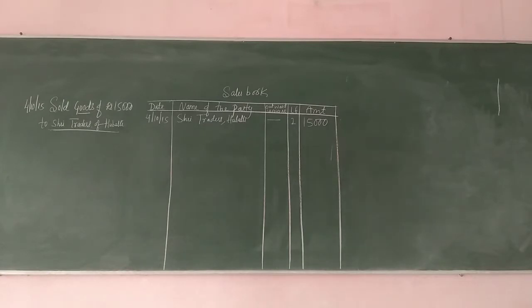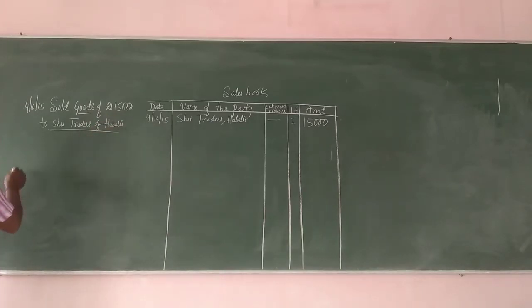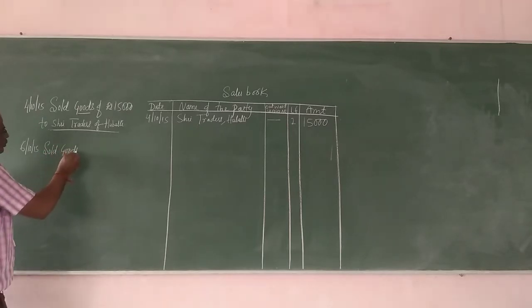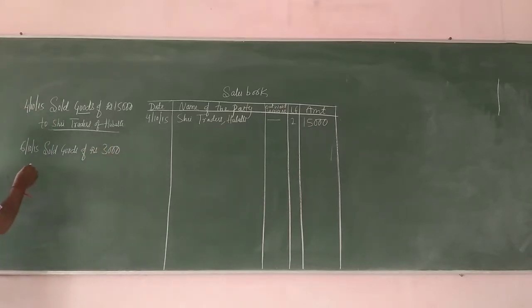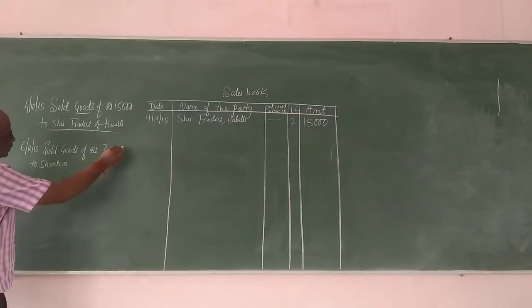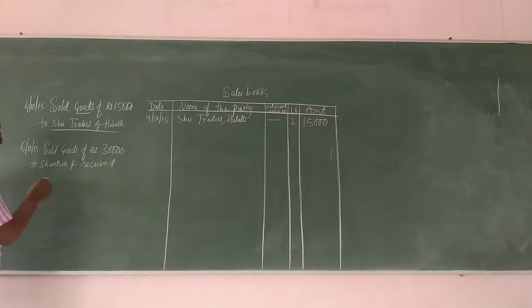Now let us take one more transaction. On 6/10/2015, sold goods of rupees 30,000 to Shankar and received rupees 10,000 immediately.